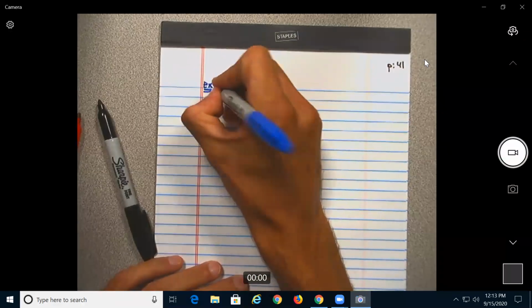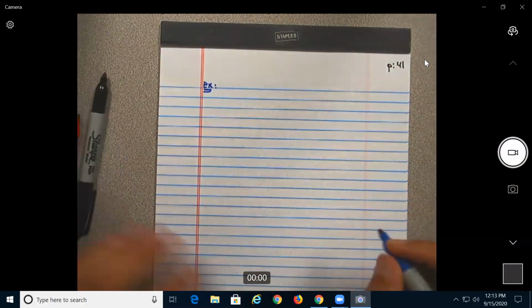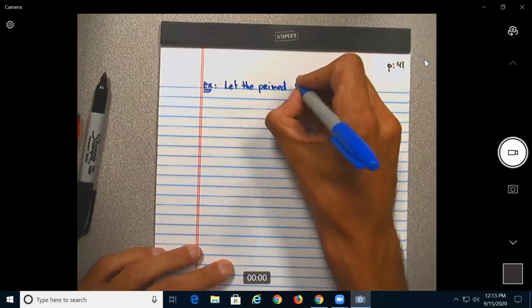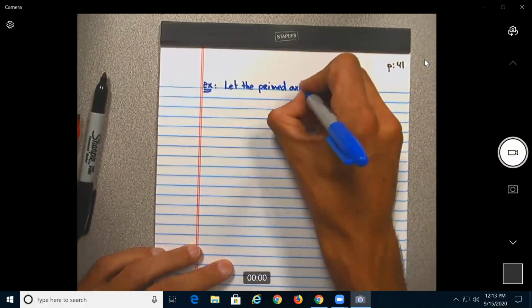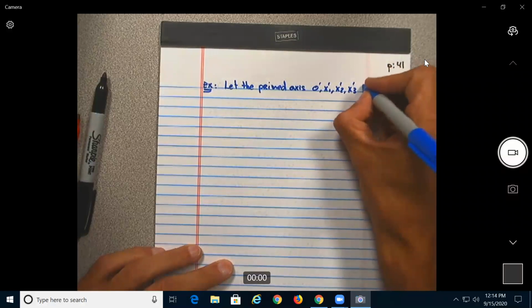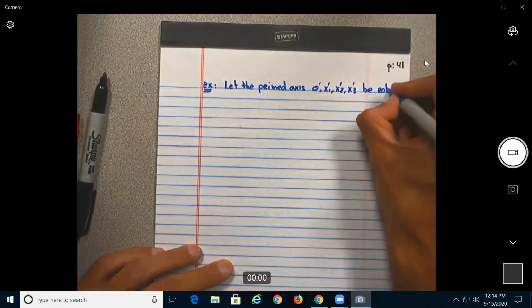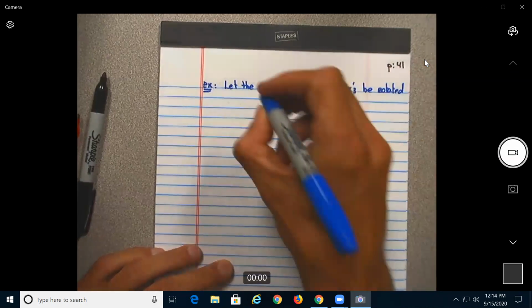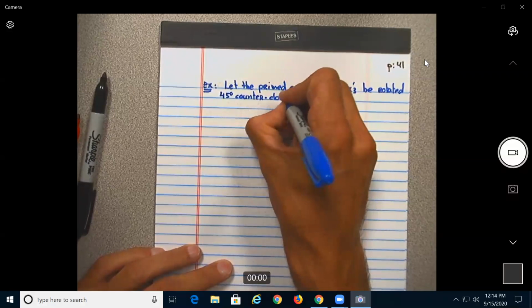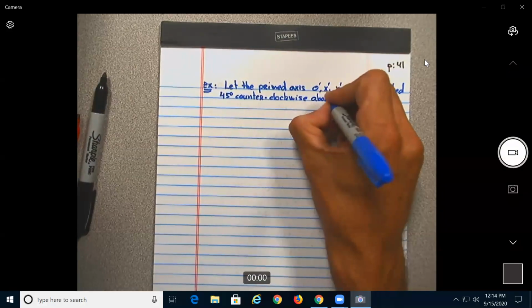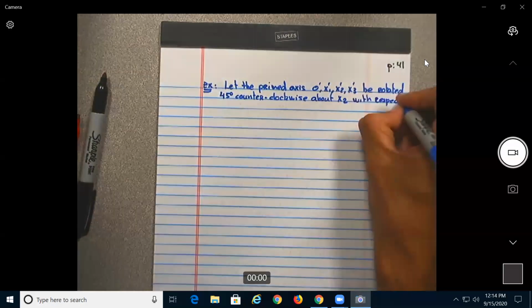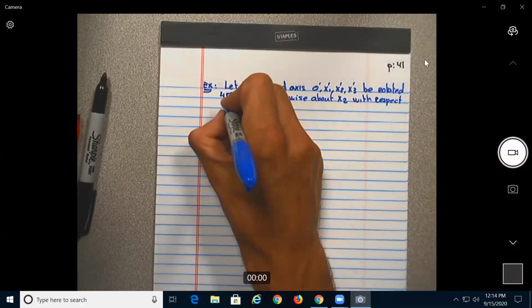Example: let the prime axes x prime 1, x prime 2, x prime 3 be rotated 45 degrees counterclockwise about x2 with respect to x1, x2, x3.